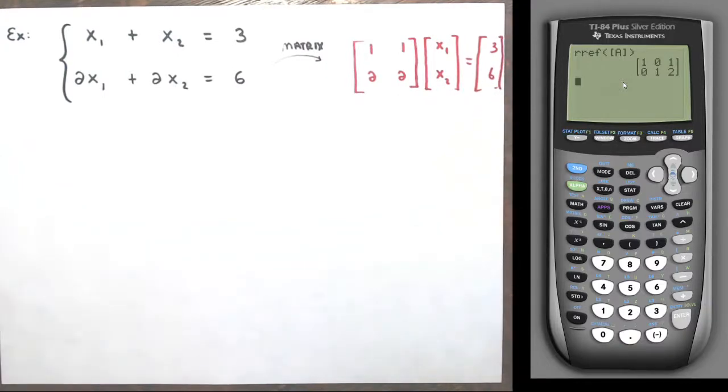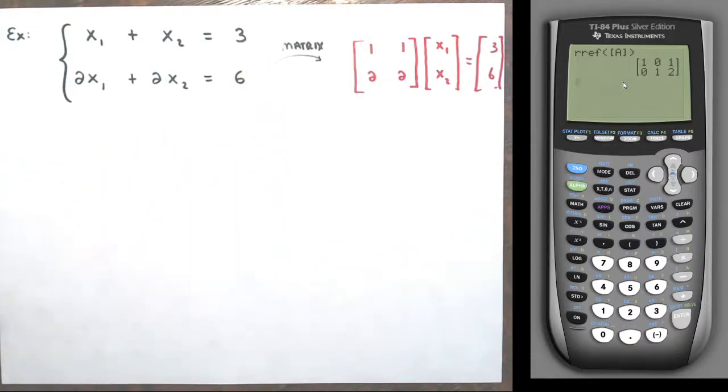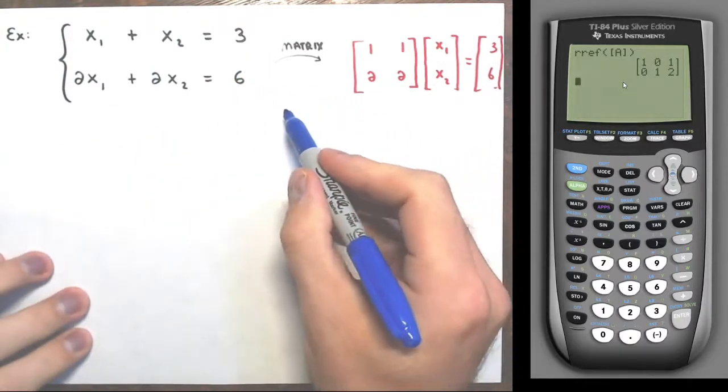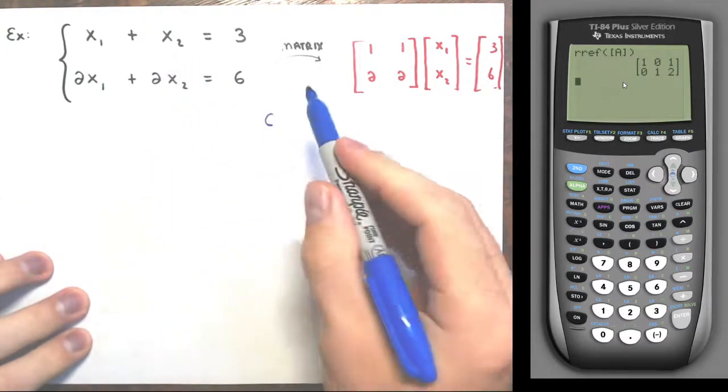All right, and remember when I said earlier, when you see a system of equations where all the variables are on one side, constants on the other like this, you can really ask this question: does this have a solution or not?